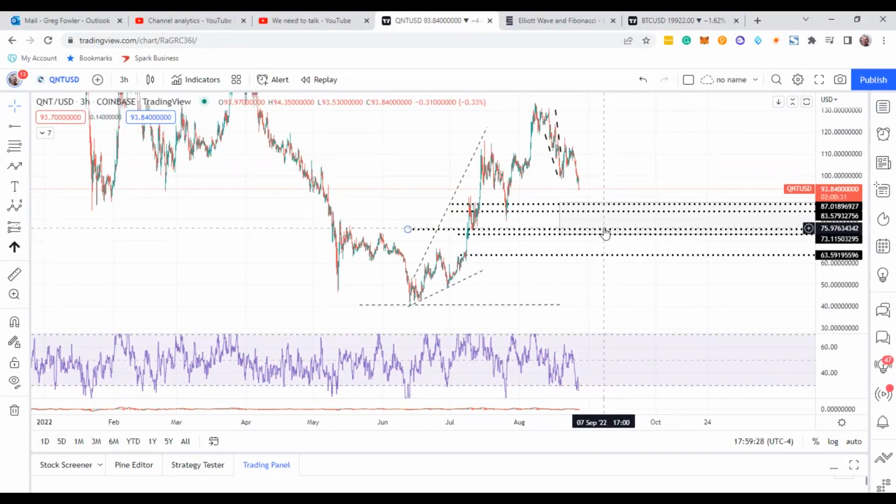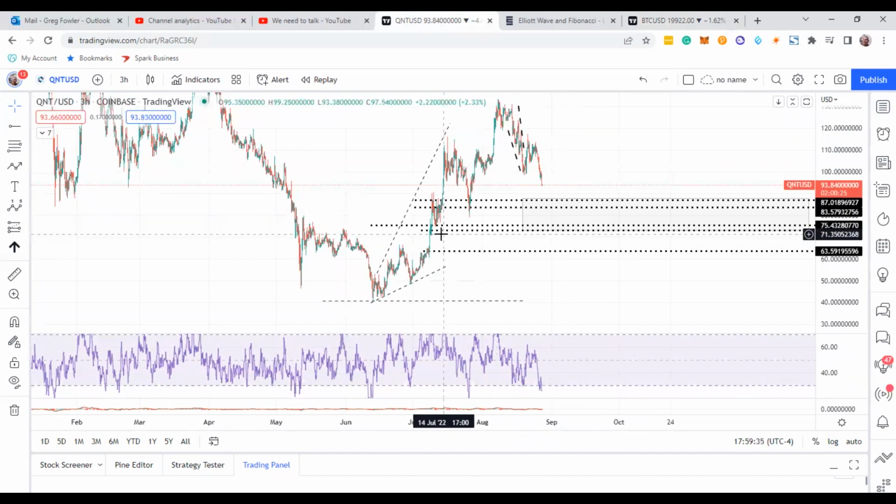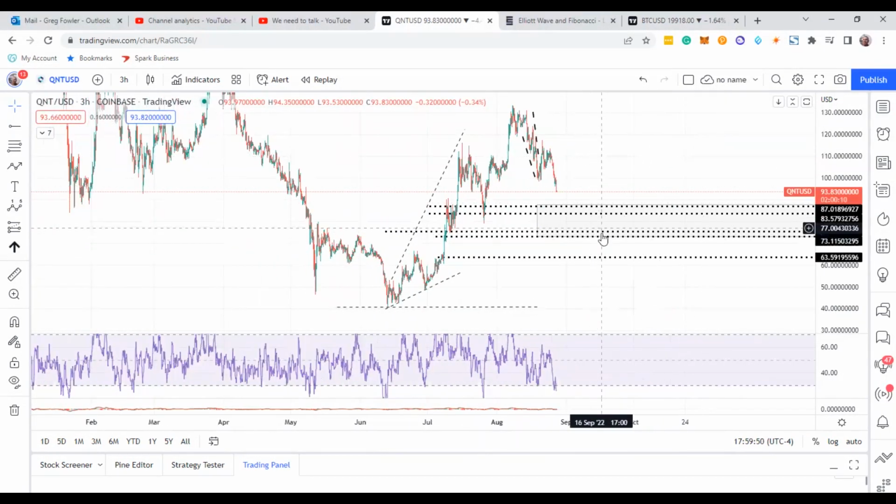So what it was at 618 was the 77, low 70s. So in this area, guys, is what I'd be looking for. If it breaks this area, I don't think so. It's got a lot of support over there. So definitely these areas, preferably for me, the lower end of the target box for Quant down here, guys.